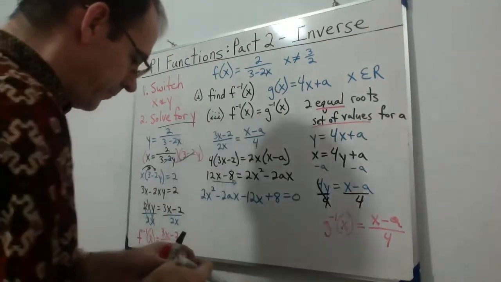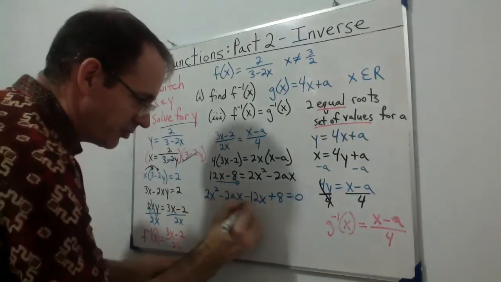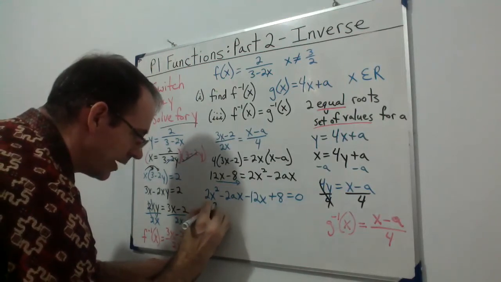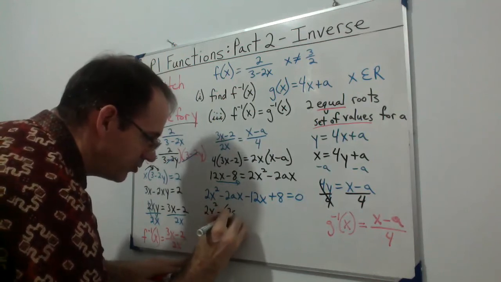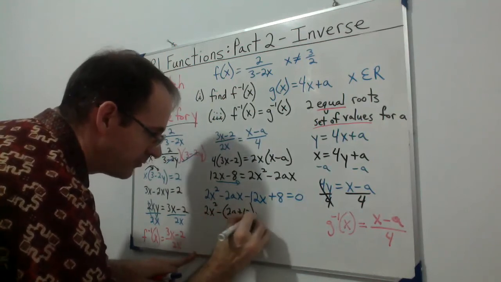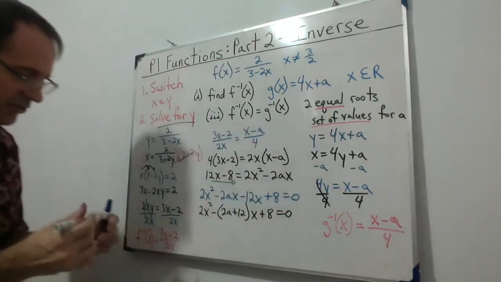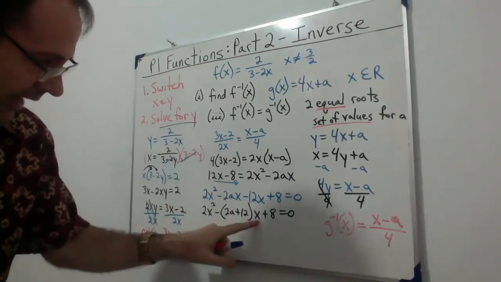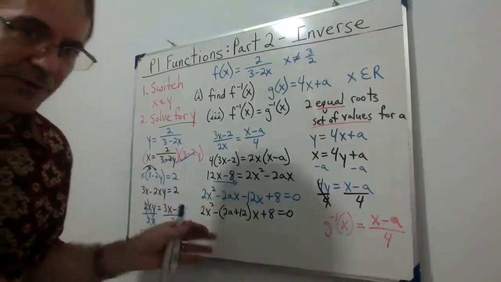Now we see that these are actually like terms. They both have x in it. So we have a 2x squared. Take out the minus, factor it to the front. That leaves a 2a plus 12x plus 8 equal 0. So we make this, it's a like term, factor the negative out. You don't need to factor out the 2.